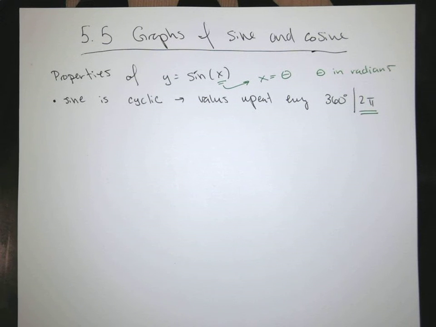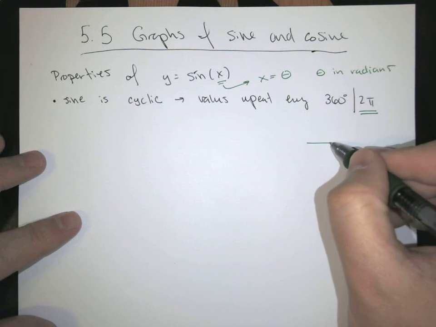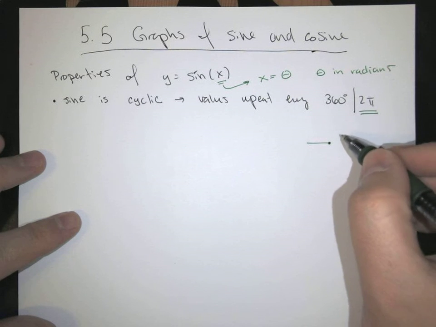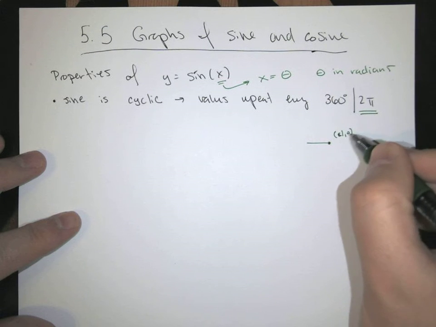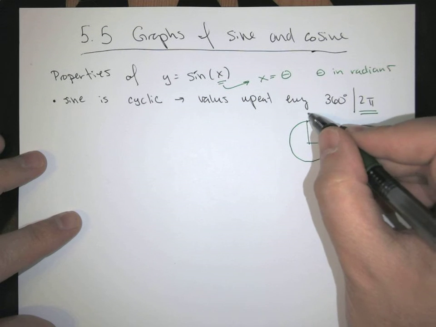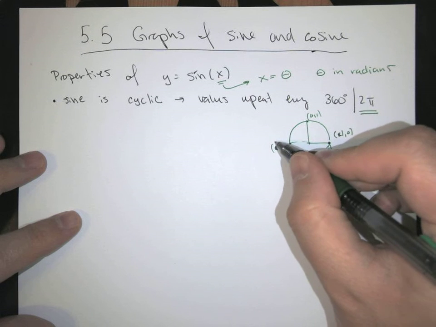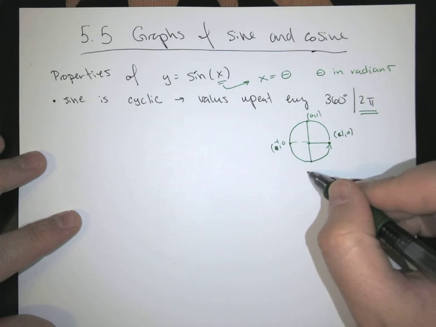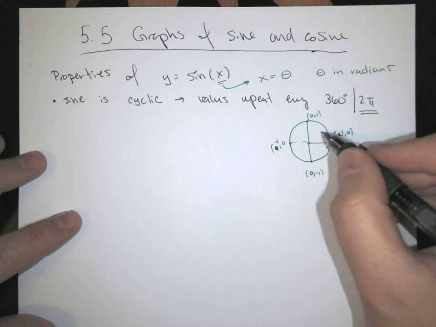So the idea is the sine graph: if we think of ourselves moving around the unit circle, all those different values that sine takes on, it's taking on the y coordinates as we go around the circle. So once we get all the way around, we're starting at 1, 0, up and around, 0, 1, negative 1, 0, 0, negative 1, and then back all the way around.